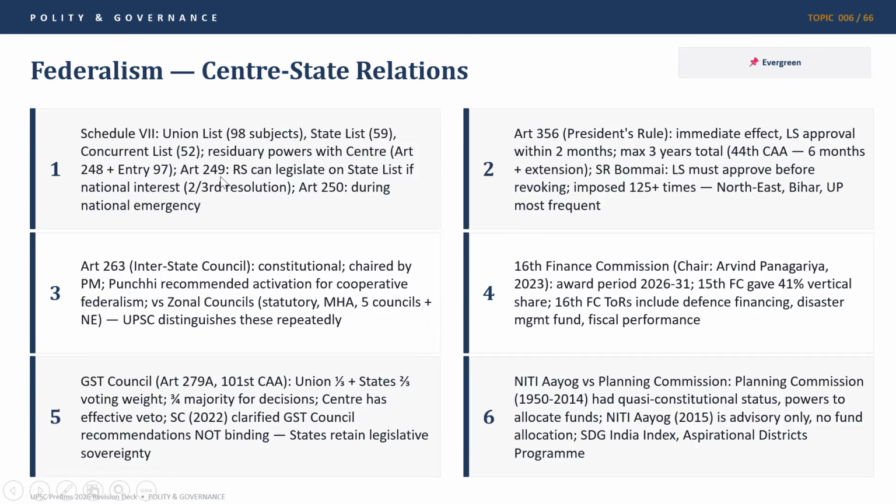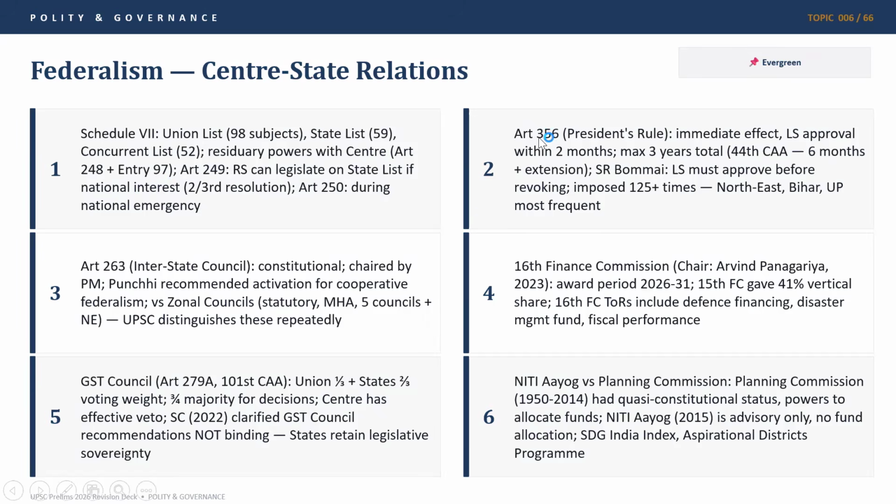So Rajya Sabha can legislate on the state list if there is an issue of national interest, which can be security, sovereignty, or anything. But it requires a two-third resolution of the Rajya Sabha. And Article 250 is invoked during national emergency. So if a question comes on whether the center or Rajya Sabha can make laws on the state list, yes, during special provisions, given by Article 249 and Article 250 during national emergency.